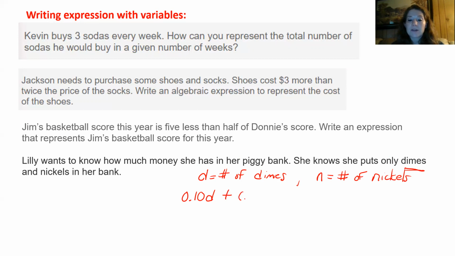And we know that 1 nickel is 5 cents. So 0.05 times N, times the number of nickels. And that expression will tell us, if we knew how many dimes and nickels she had, we could plug that into our expression and we could figure out how much money she has. But since we don't know, that's all we can do. This is an expression that represents the amount of money in her piggy bank.